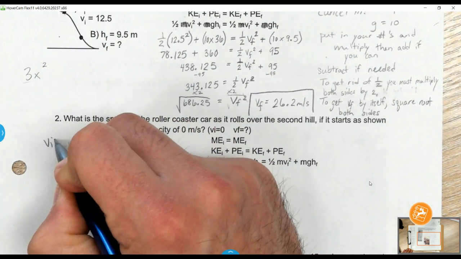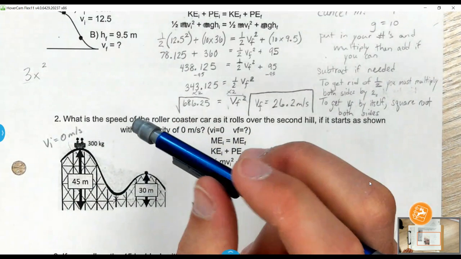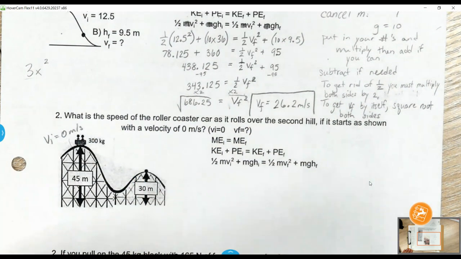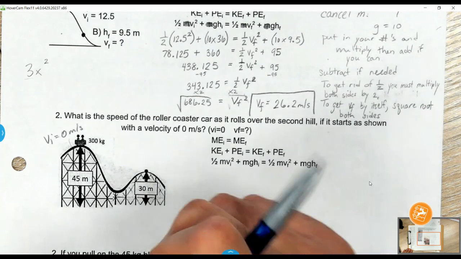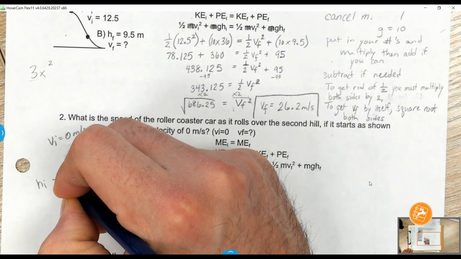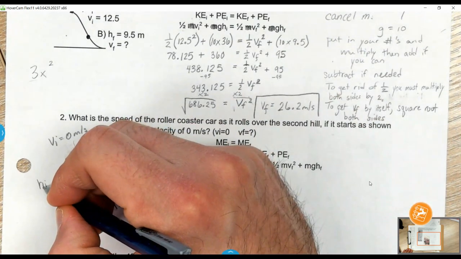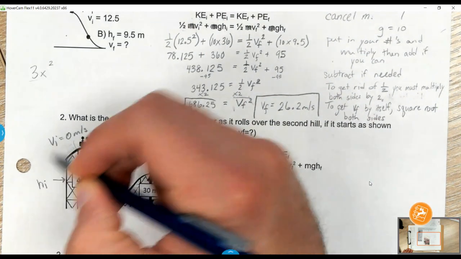So our VI, 0 meters per second. Your initial height is 45.